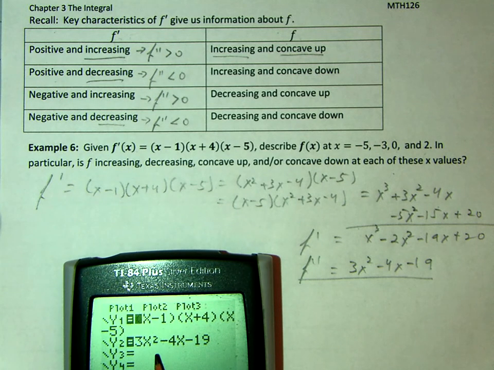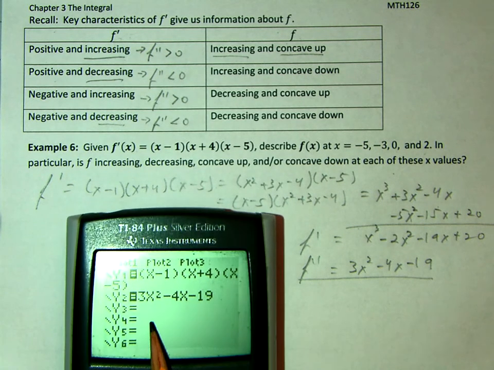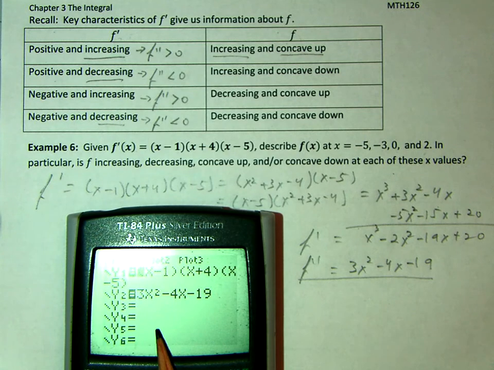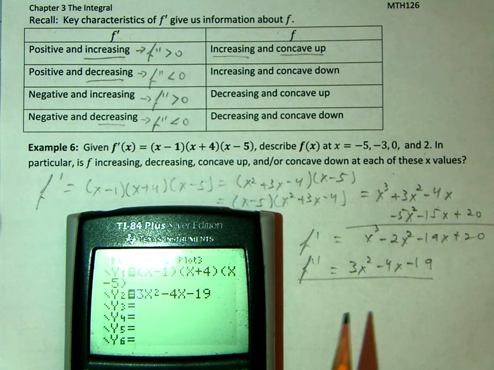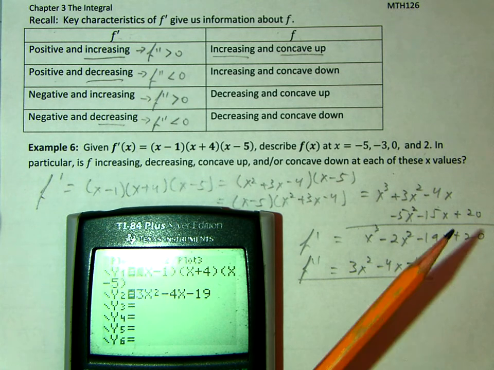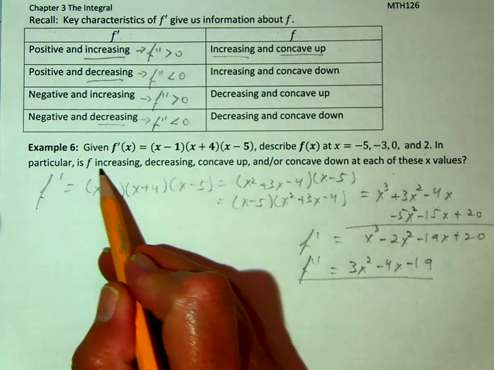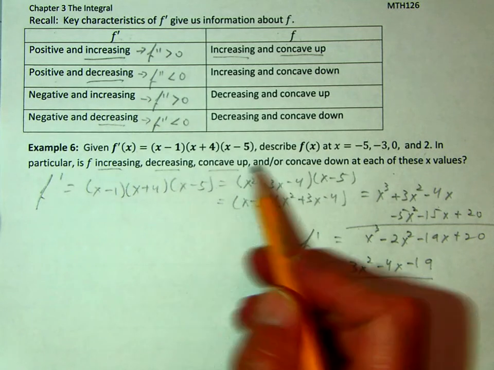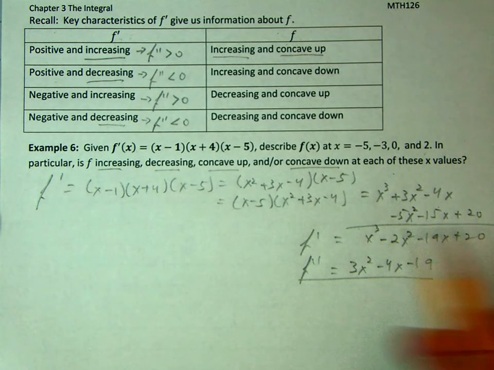And then in the second spot, I've got the second derivative, 3x squared minus 4x minus 19. And I'm going to go to the tables and evaluate each of these. And remember, I'm looking for increasing, decreasing, concave up, or concave down.